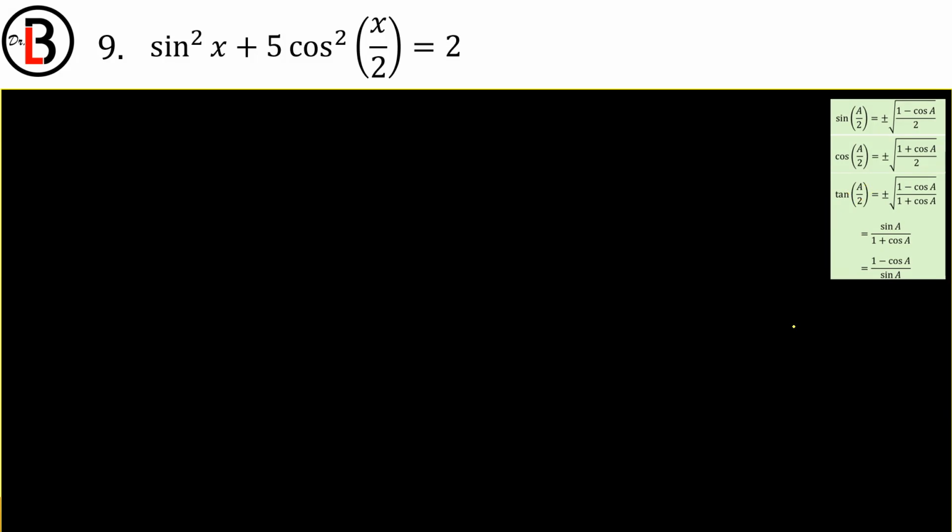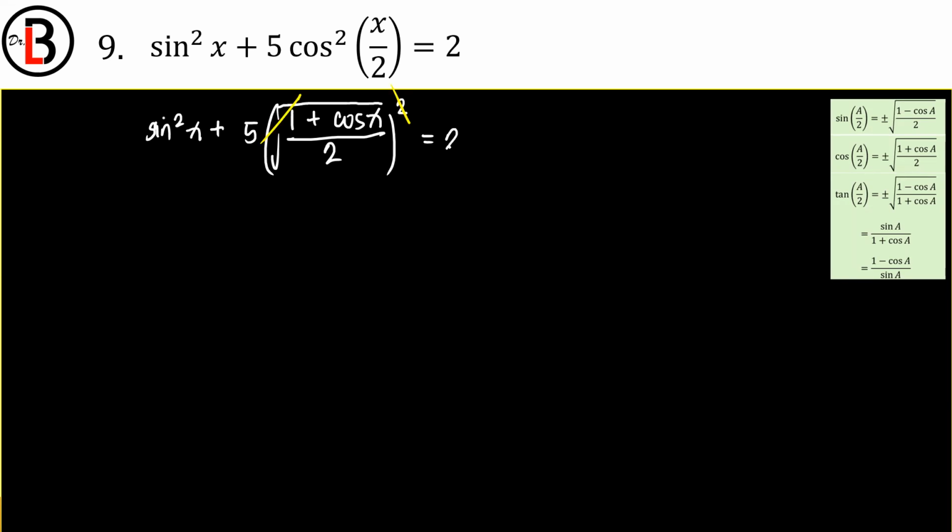I'll just copy sine squared x. And then in here, what's cosine of x over 2? That's 1 plus cosine x all over 2. If you would want to apply the square root and then square, they basically just cancel out each other.